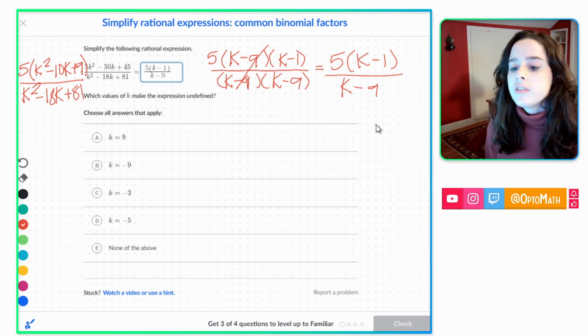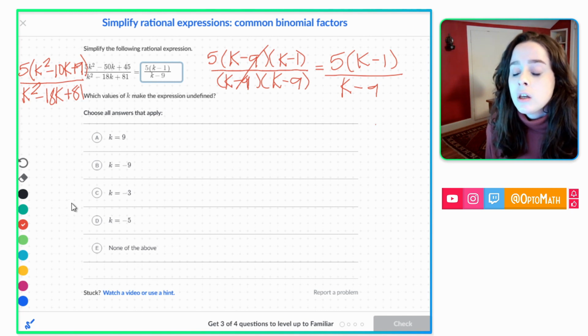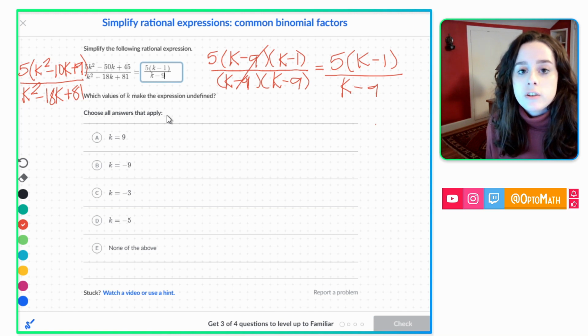Okay, so now we want to figure out what values of k make the expression undefined. Remember, restrictions, or numbers that make your expression undefined, count for the original and the simplified. So we can look right here at our middle step of k minus 9 and k minus 9.